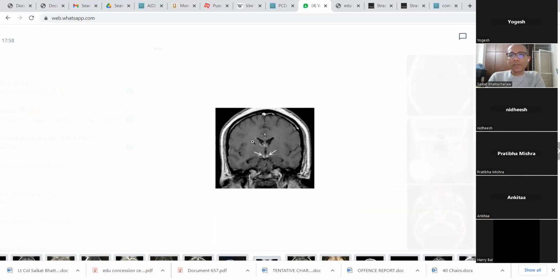So you have FLAIR hyperintensities, and T1 hyperintensities in the mammillary bodies. In a spotter situation, you will only give one diagnosis. Yes, Nidesh?